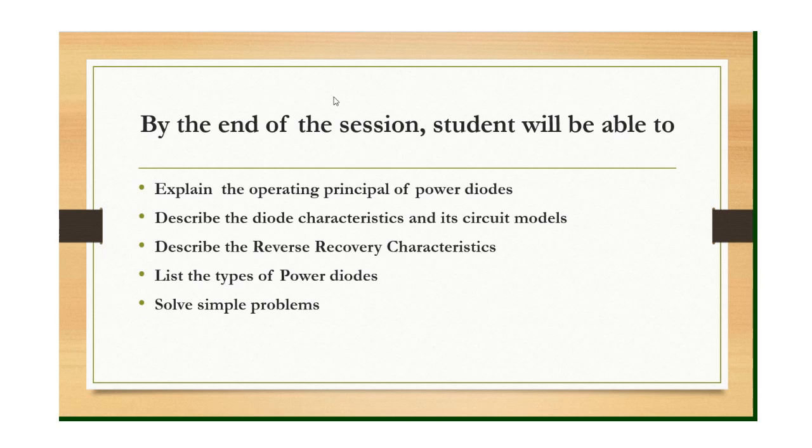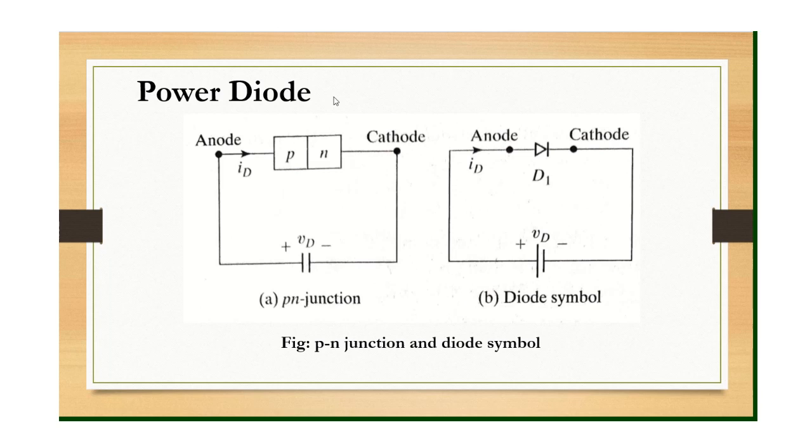But power diodes have larger power, voltage, and current handling capacities compared to the ordinary diode. The main difference is that the frequency response is low. That is, the switching speed of the power diode is low compared to the signal diode. All right, so let's dive into the detail.